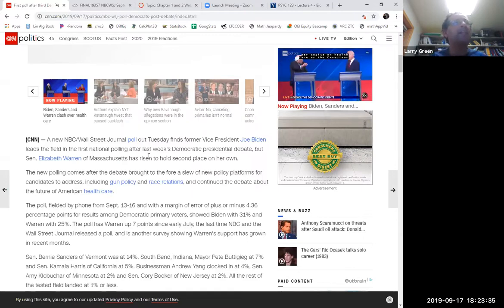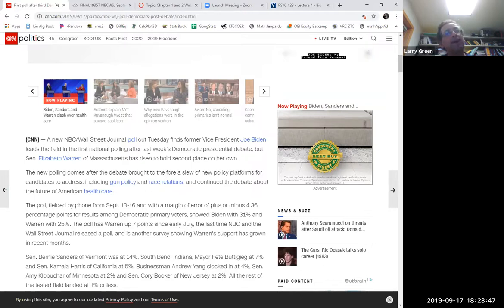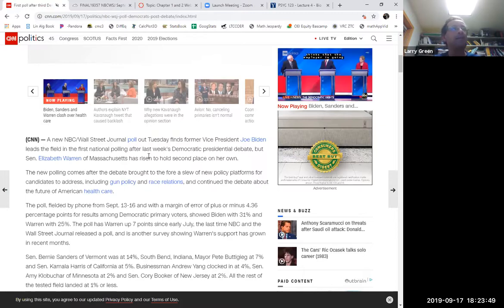There are different techniques to do it. The number one technique is called stratified sampling. The way you do a stratified sample is you identify where you think the biases might lie. So for example, you might say, well, there might be a bias that more women might be supportive of Elizabeth Warren because women might identify with a woman.